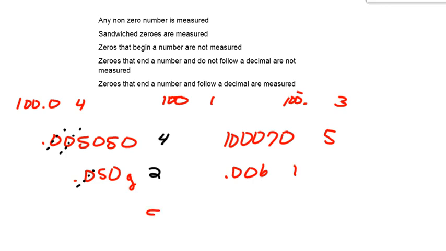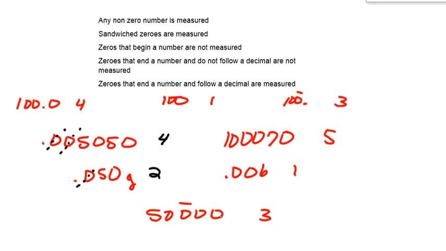Now what about the number 50,000? But I put a line over this one. So that line over there tells me that that 0 is a significant 0. Therefore, that one counts. That one must count because now it's sandwiched. So this one has 3.